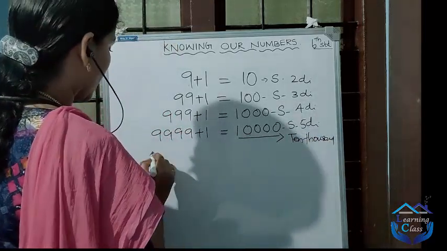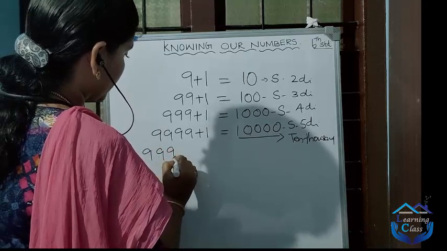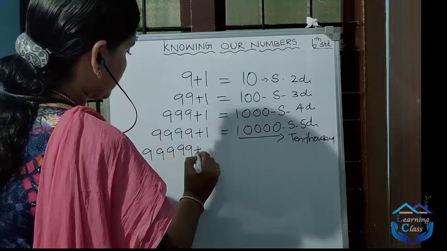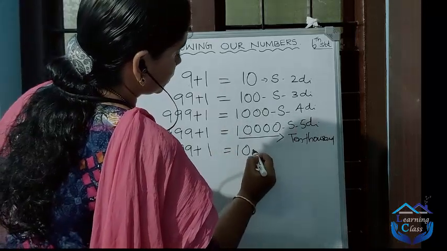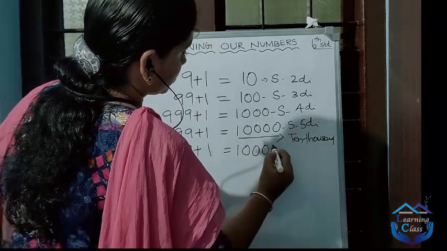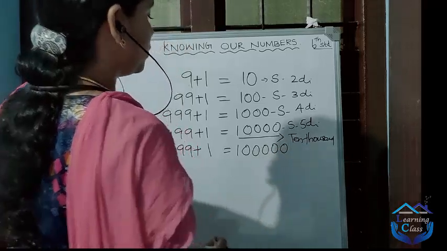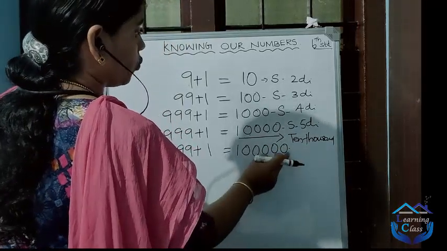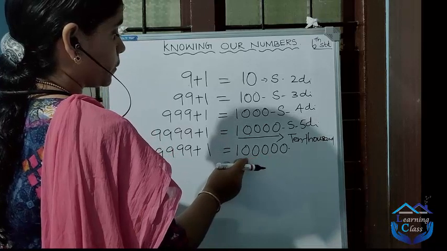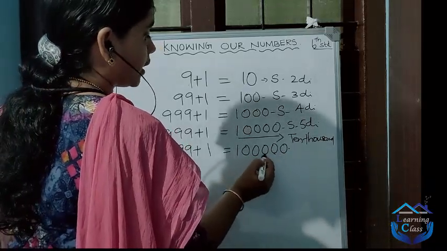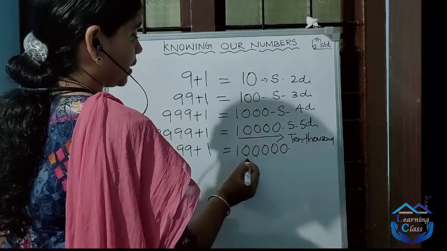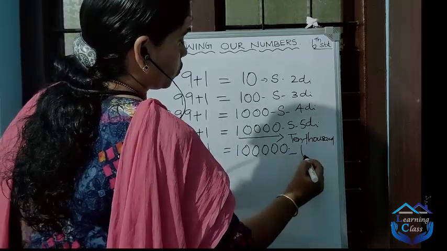If we add 1 with the greatest five-digit number, we get, how many digits are here? 1, 2, 3, 4, 5, 6. Ones, tens, 100, 1000, 10,000, lakh. This is 1 lakh.